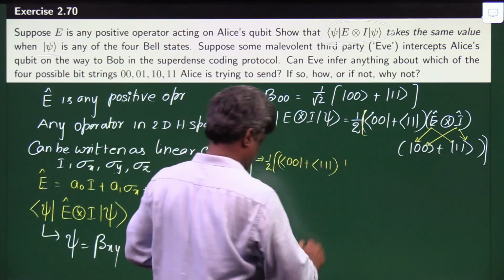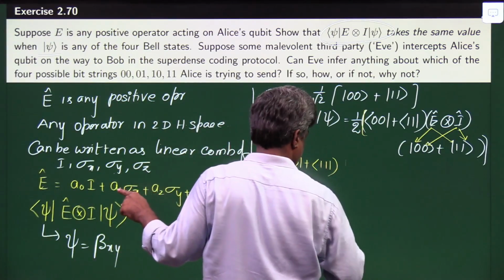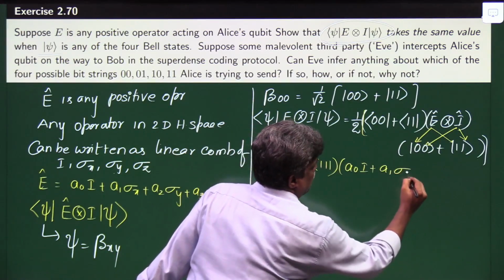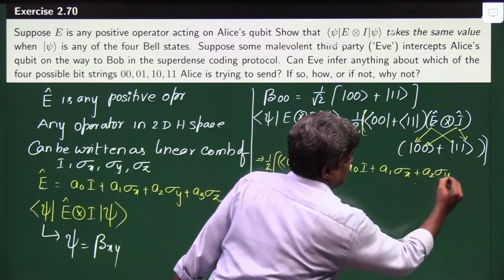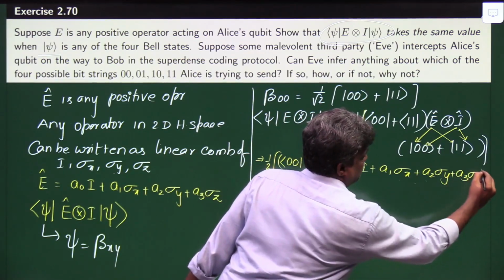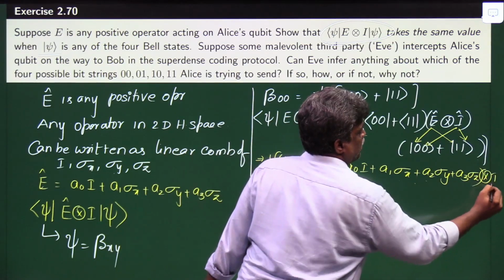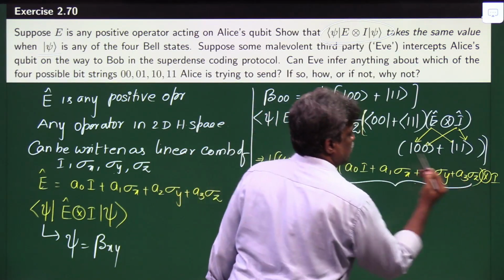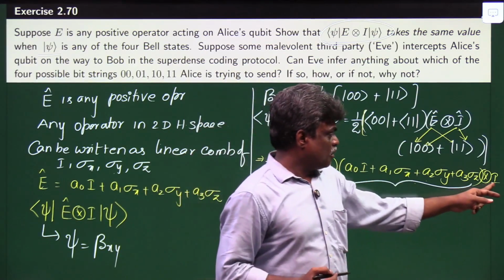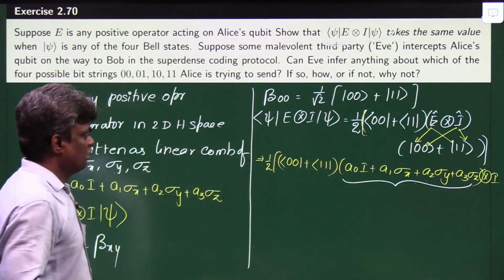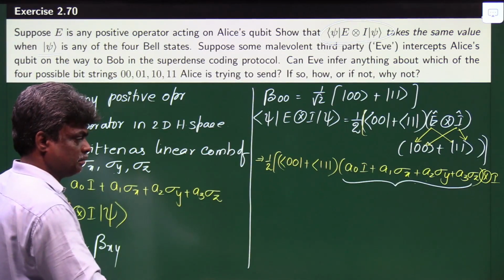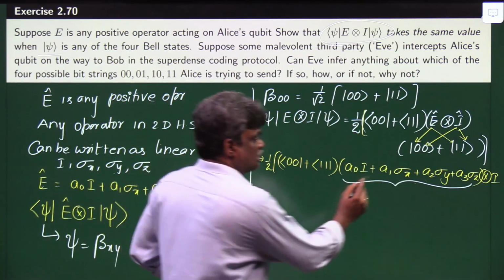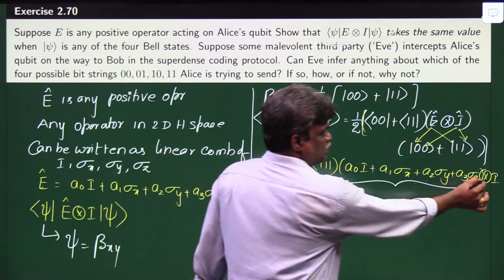So this is (A0 I plus A1 sigma x plus A2 sigma y plus A3 sigma z) tensor I. So this entire thing is operating on the first qubit, and this one operates on the second qubit.